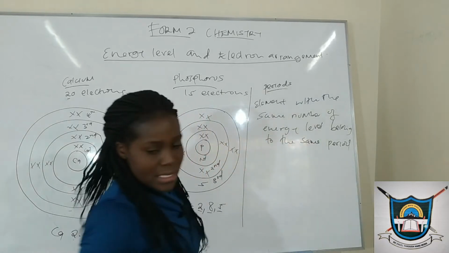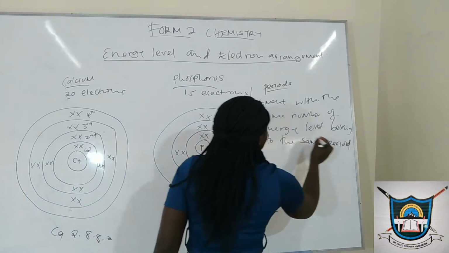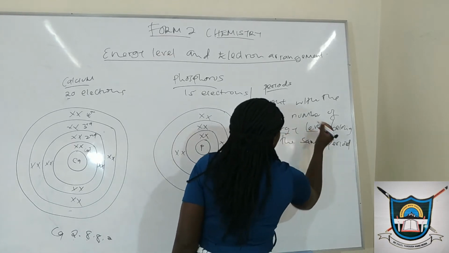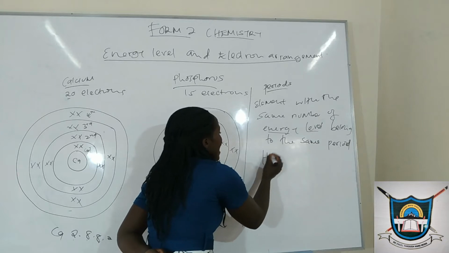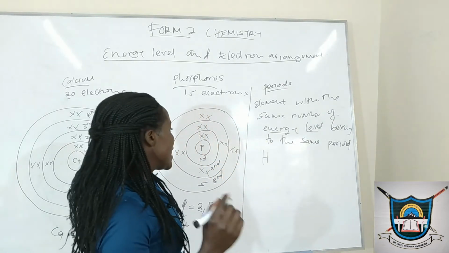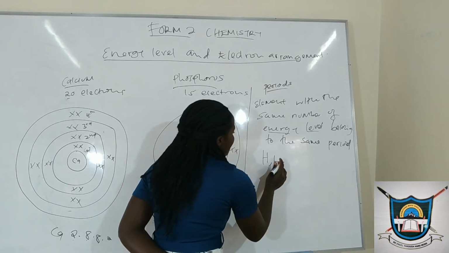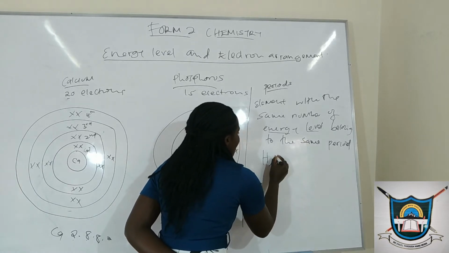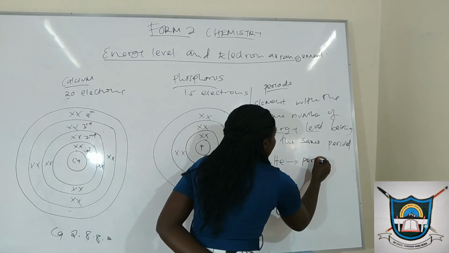For instance, hydrogen, we said hydrogen has only 1 energy level. Same to helium. Helium also has 1 energy level. So they belong to period 1.